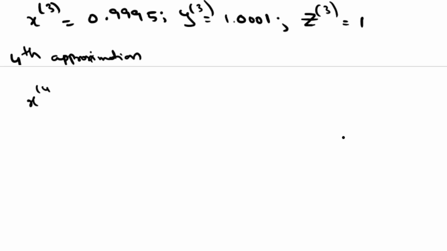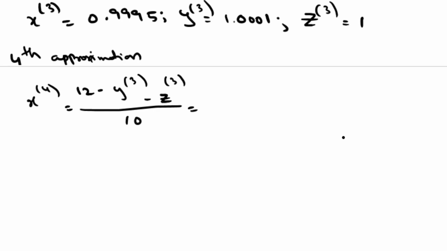Now in the fourth approximation, x of the fourth approximation is equal to 12 minus y of the third approximation minus z of the third approximation, divided by 10, equals 12 minus 1.0001 minus 1, divided by 10.